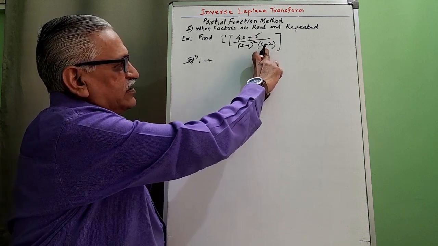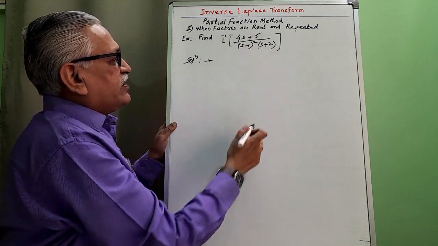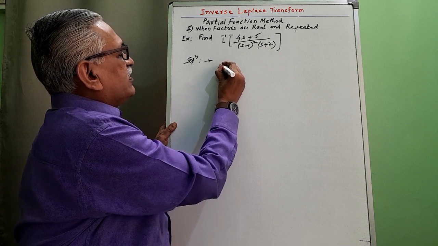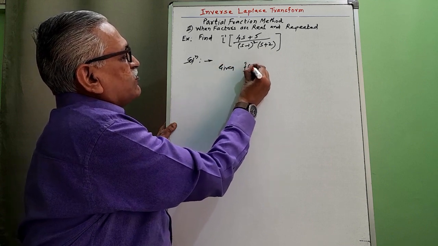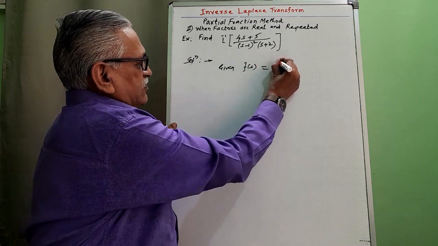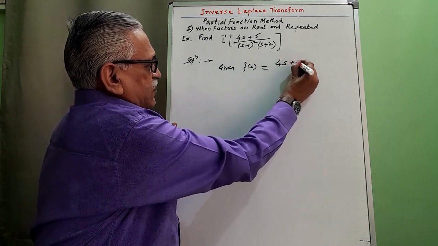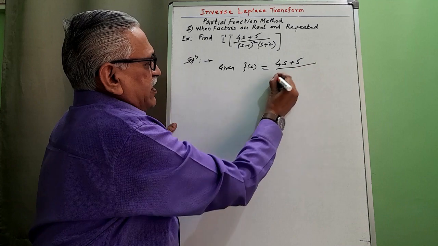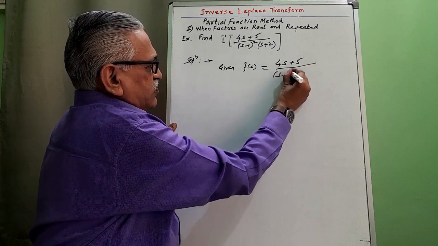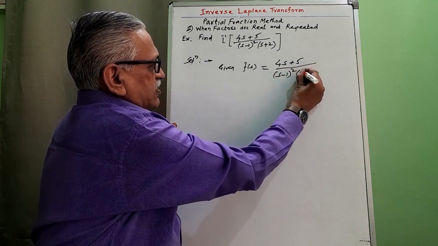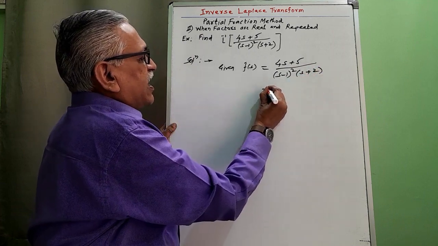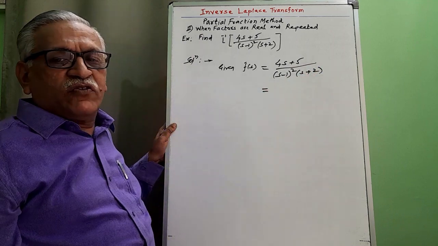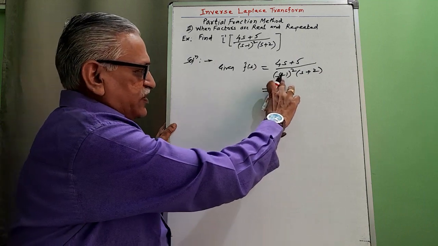Therefore, it is a combination of those two cases, real distinct and real repeated. The given function f bar of s, whose inverse Laplace transform we have to obtain, is 4s plus 5 whole divided by s minus 1 whole square into s plus 2. And this we can rewrite, a way to write down partial fraction for such type of case.